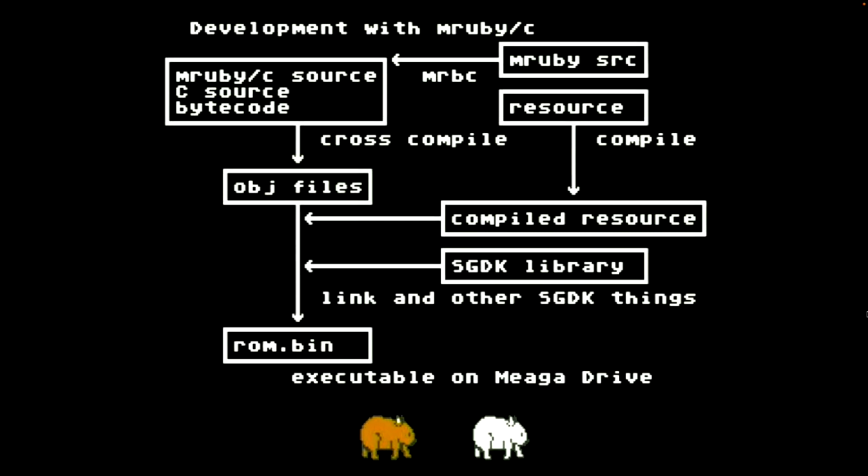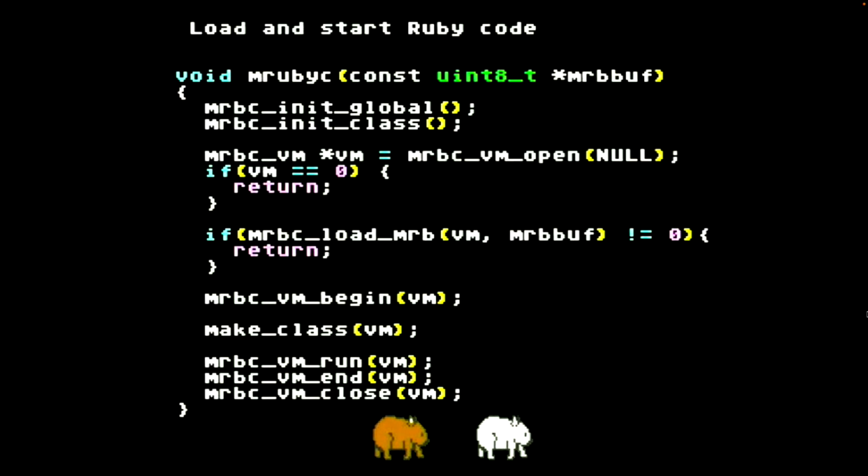So that makes a binary that's produced from your Ruby source file.